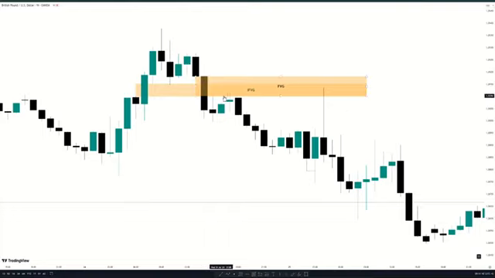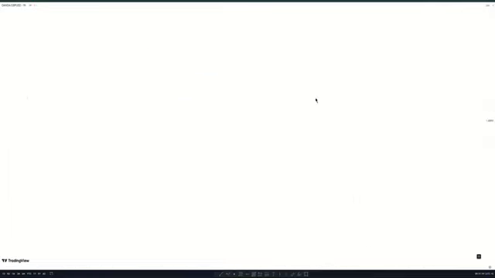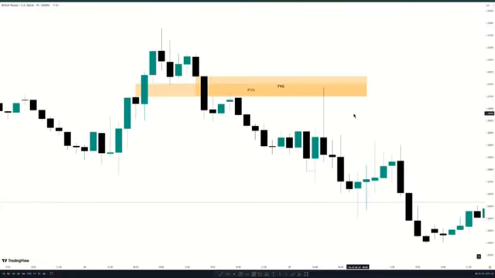Also, there was a liquidity sweep here, so this was really good. If you were going to enter here, you are definitely going to make something out of that trade. So you are not just identifying these fair value gaps. You also have to pair them with market direction, liquidity sweeps, and higher time frame bias.